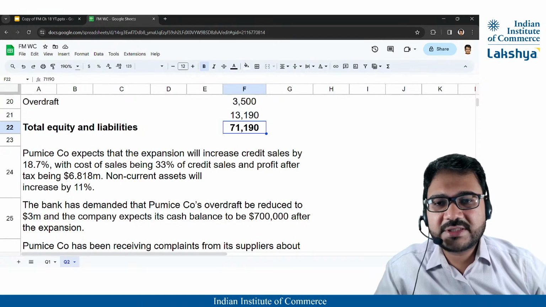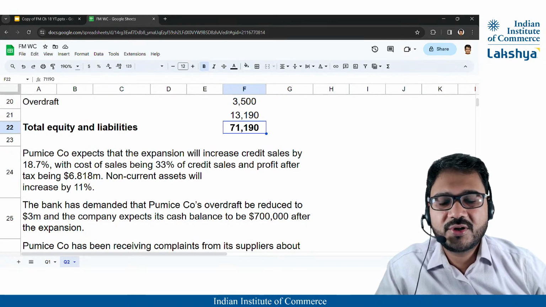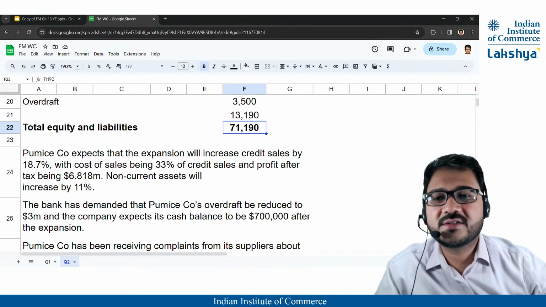Puma's company expects that the expansion will increase credit sales by 18.7%, with cost of sales being 33% of credit sales, and the profit after tax being $6.818 million. Okay, so profit is given 6.818. They are saying credit sales is increasing by 18.7, and whatever that increased sales is, their 33% is the cost of sales.